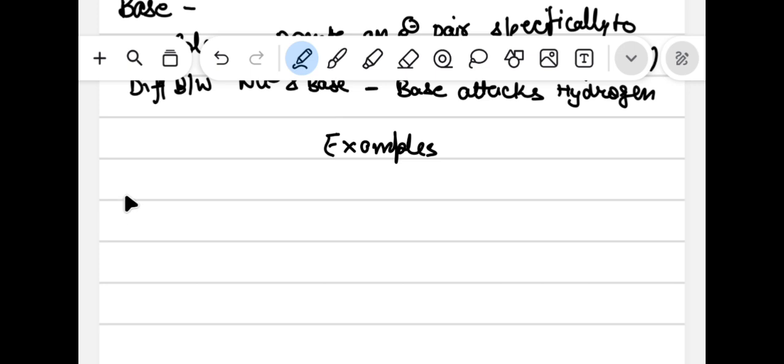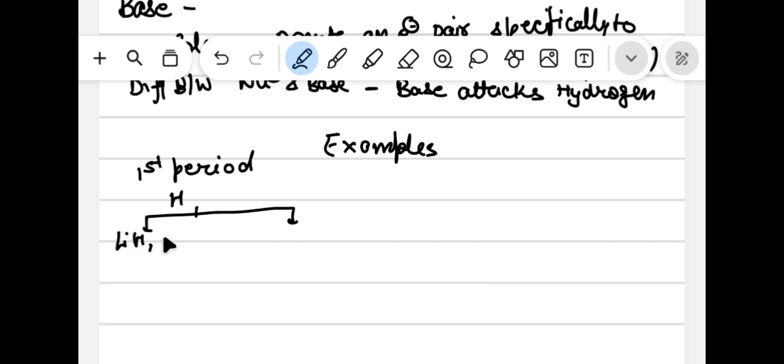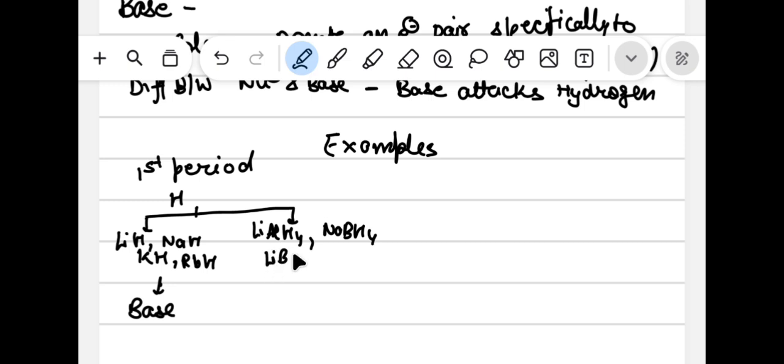From the first period, that is hydrogen, helium is a noble gas. If hydrogen is with group 1 like LiH, NaH, KH, RbH, then it will act like a base. But if it is with the second group or a combination of first and second group like LiAlH4, NaBH4, LiBH4, then it will act as a nucleophile.